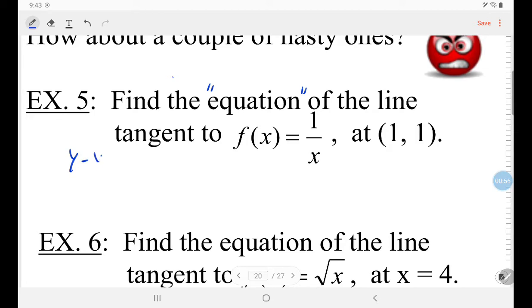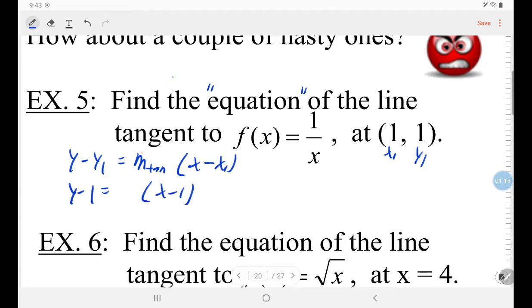So if you remember, that's y minus y1 equals m tan, slope of the tangent line, times x minus x1. Now the cool part is the x1 and y1 are both given, so I can fill those in right now. All that remains for us is to find our f prime. So let's see what we can do about that.